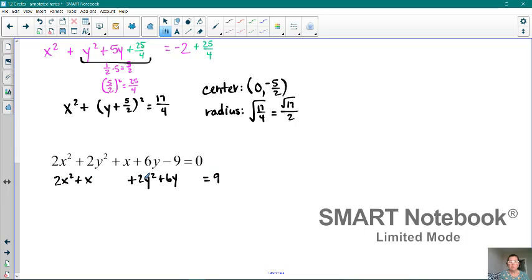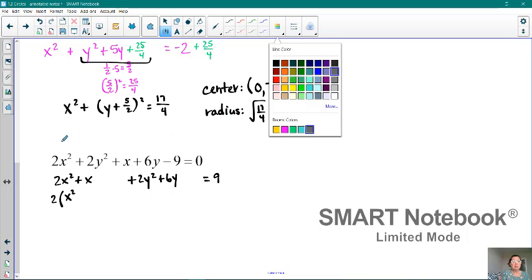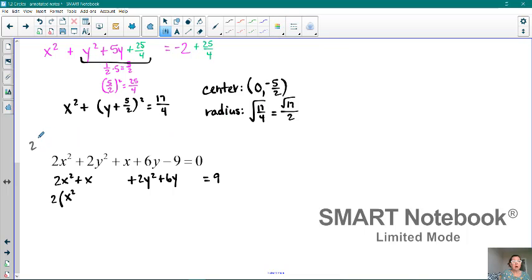Well, we have the situation again where the lead coefficients are not 1, so they're 2. So I have to factor out a 2. 2 times what gives me 2x squared? That's just x squared. Now I need 2 times something to give me a 1. That's an understood 1 there. If you need some help thinking through it, just write yourself a little equation. 2 times what, you could certainly use a variable.